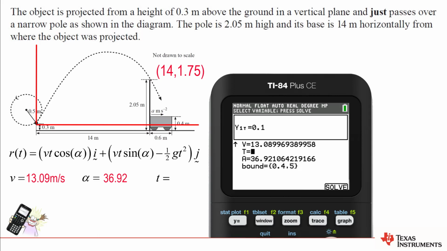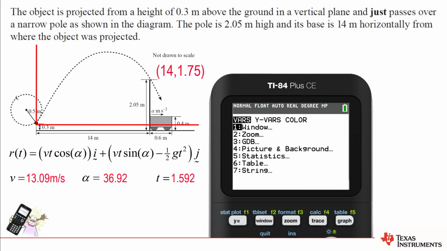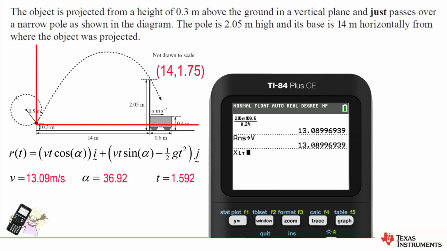So we see the projectile will reach this height after 1.592 seconds. Now we know the time. We can substitute to get the horizontal position. We see that the horizontal position of the projectile at this time is approximately 16.66 meters from the starting point.